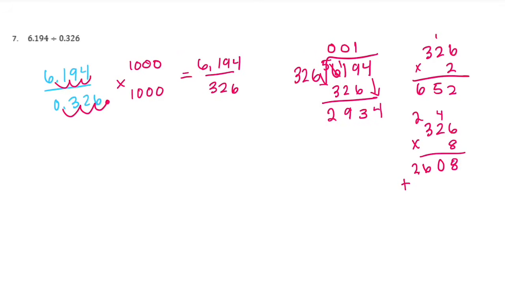So let's add another 326 on there just to make sure. 8 plus 6 is 14. Carry the 1. 3, 9, 2. 2,934. Oh, so it goes in. We had 8 times, and then we added another one. So this makes it 9 times.